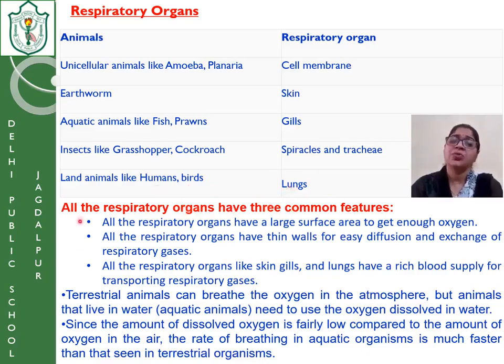But there is something which is common in all. Whether they have different organs, some of their features are common. What are they? First, all the respiratory organs have a large surface area to get the oxygen. What is the meaning of large surface area?